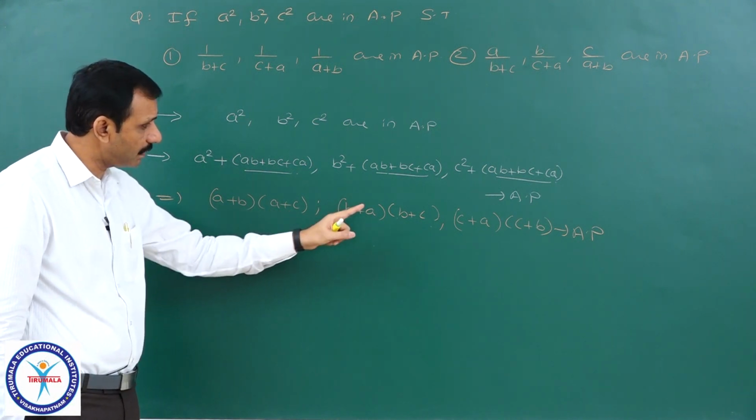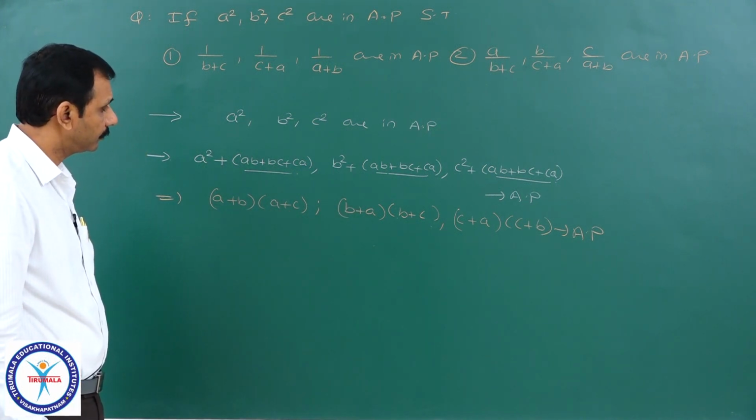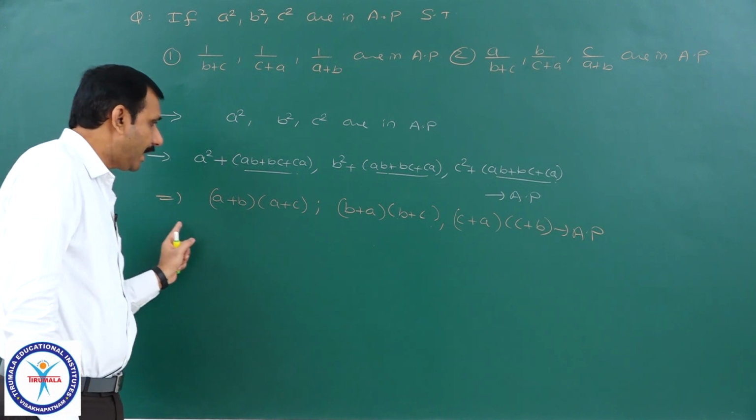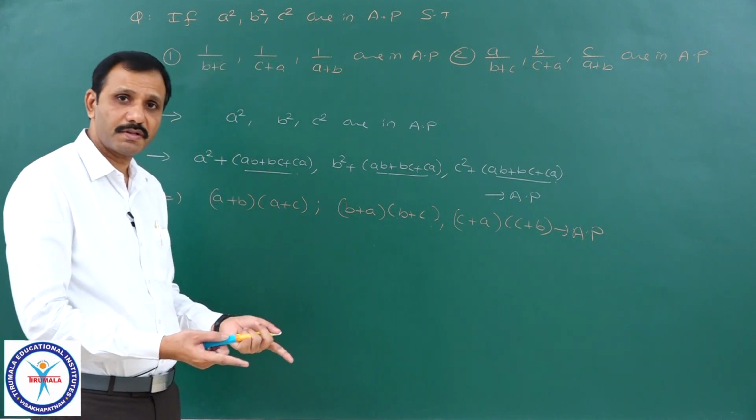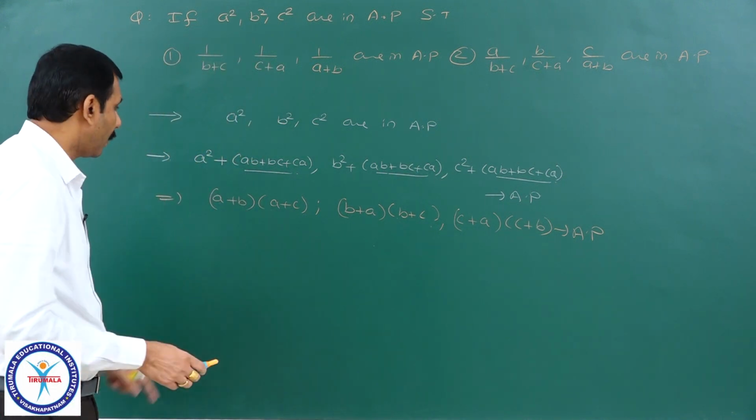What I will do? Observe this cyclically. If I divide all the terms with the same number, still the resulting terms will form an AP only. Therefore, now what I will do?